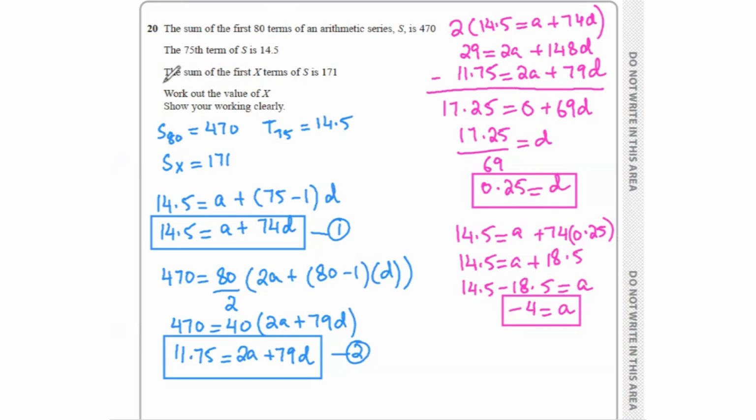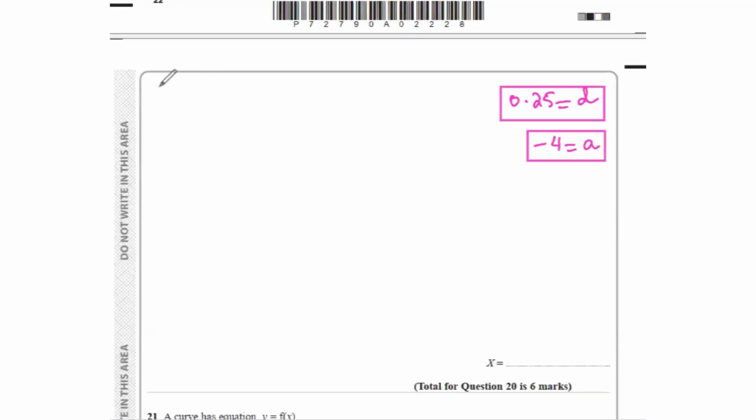Now we're going to use this to find what X is, because in this, the unknown terms were the first value, the common difference, and the number of values. So we have the common difference, we have the first term, so the only number that is unknown now is the number of values, which is X. So let's find that. Sx equals x over 2 times 2 times negative 4 plus x minus 1 times 0.25.